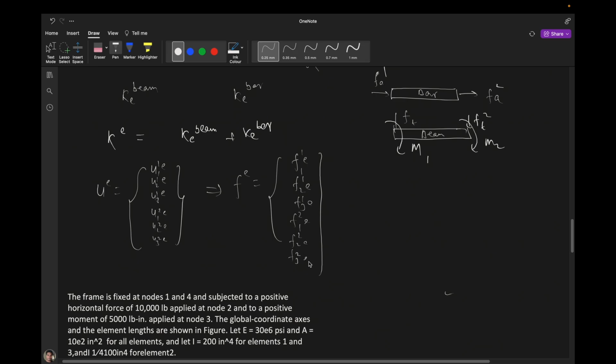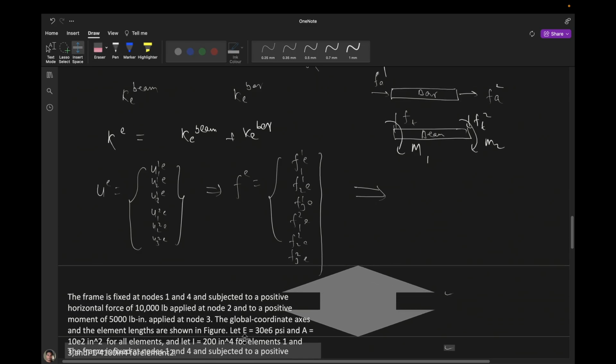All these we need to take care are in the local coordinate axis.